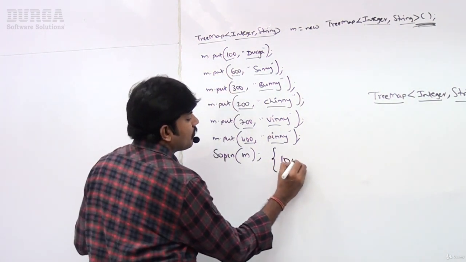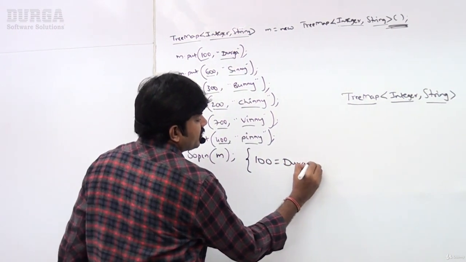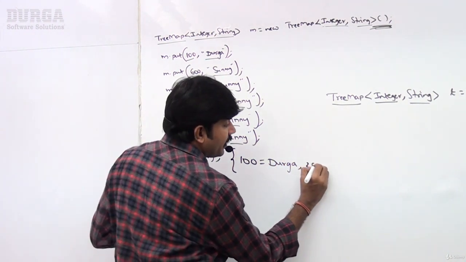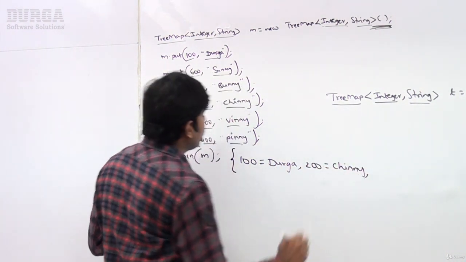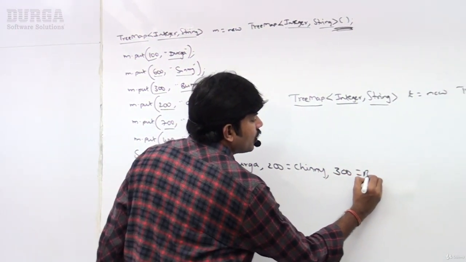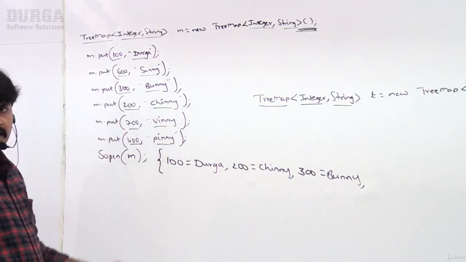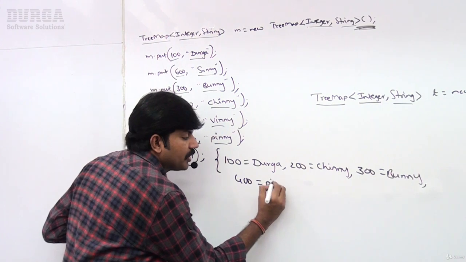100 is going to come first: 100 is equal to Durga. Next, 200 is equal to Chinny. Next, 300 is equal to Bunny. Next, 400 is equal to Pinny.